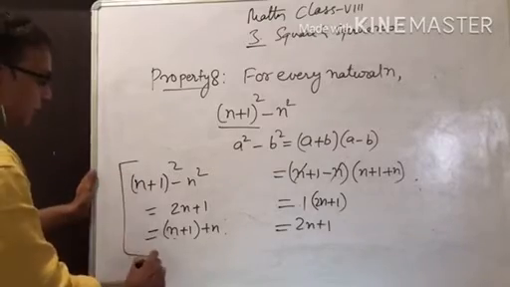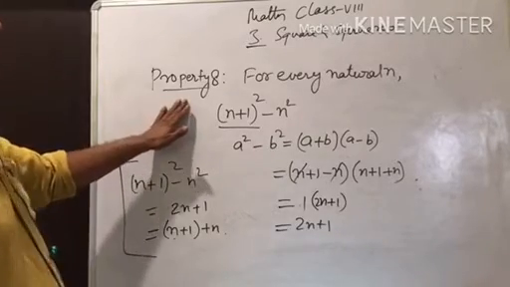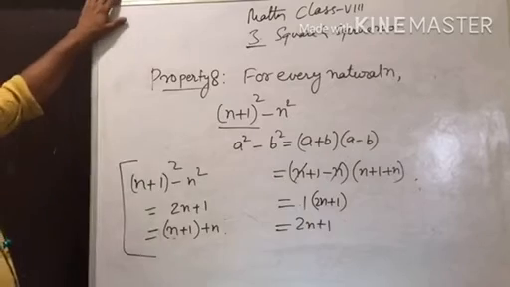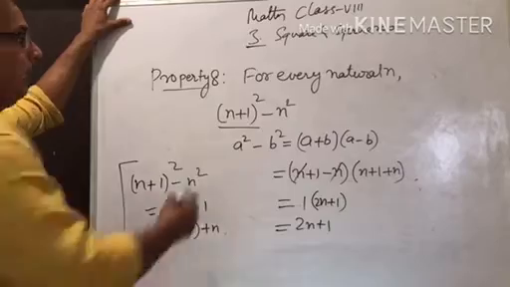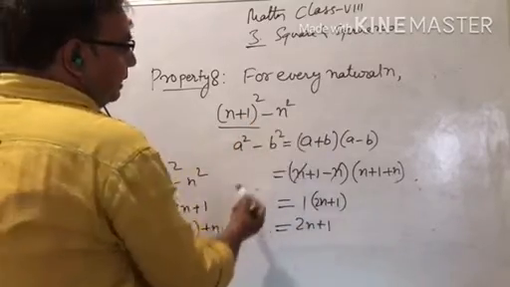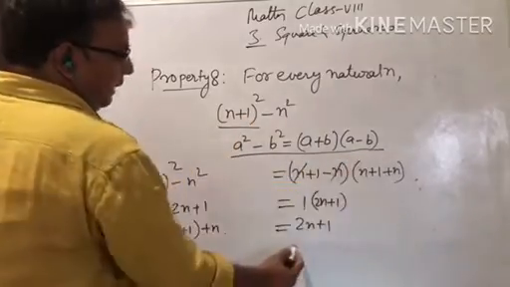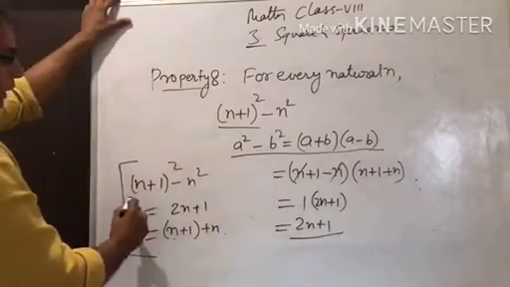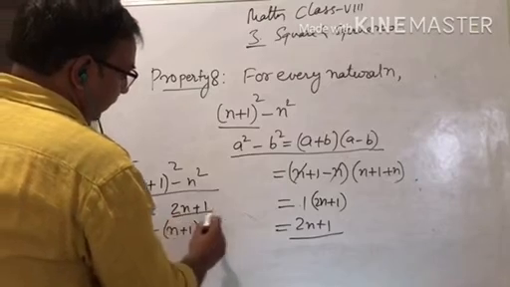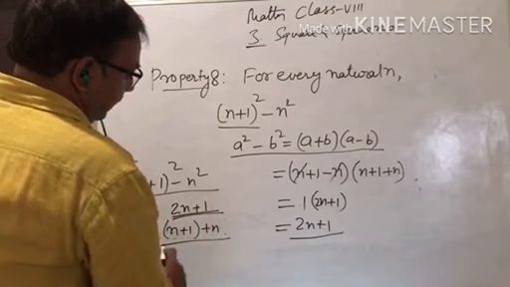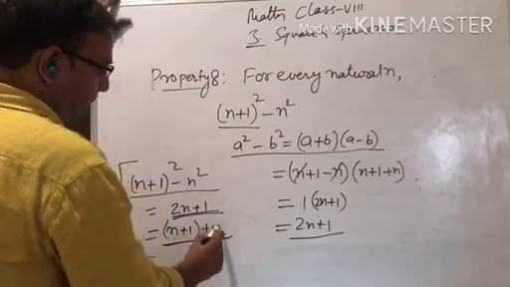So this is another fact for the square and square root. The property number 8: for every natural number n, n plus 1 square minus n square, using the identity we get 2n plus 1, or you see n plus 1 whole square minus n square is equal to 2n plus 1 and n plus 1 plus n.